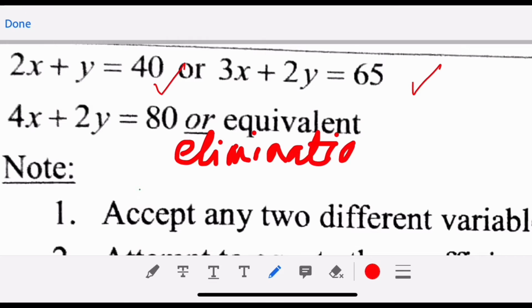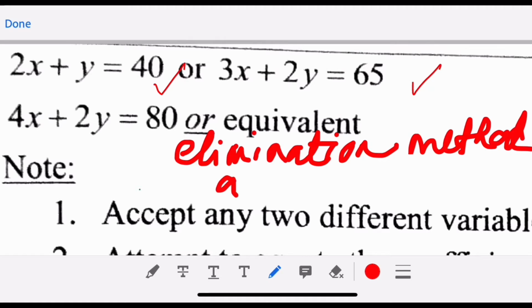You must be very confident when you use this method, because this one many students tend to make a mistake. Alright, okay, so elimination method meaning that you must make the coefficient the same, right?